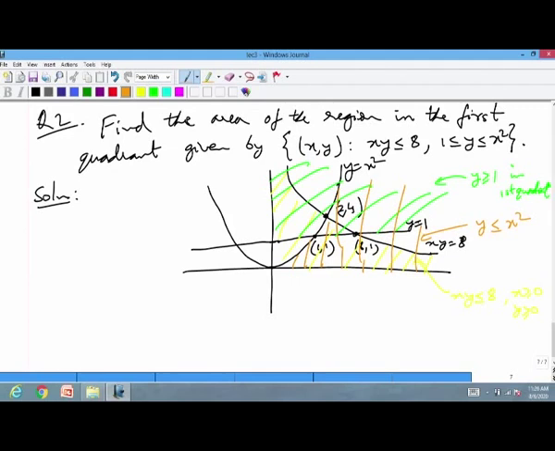So, what we have to find is the intersection of these regions. That is nothing but this region in red. So, this is the area that we have to calculate.